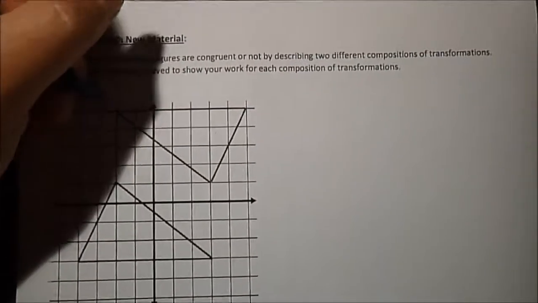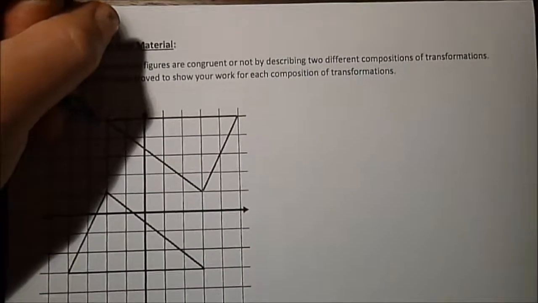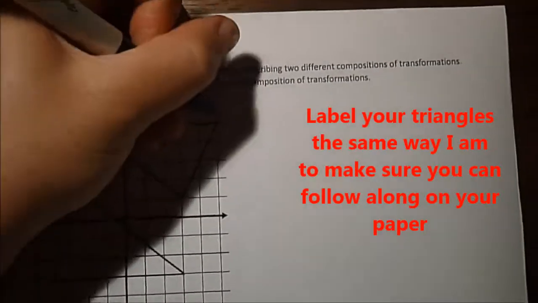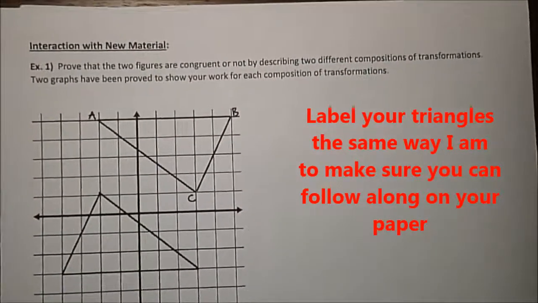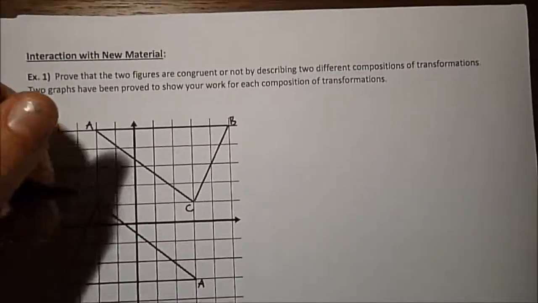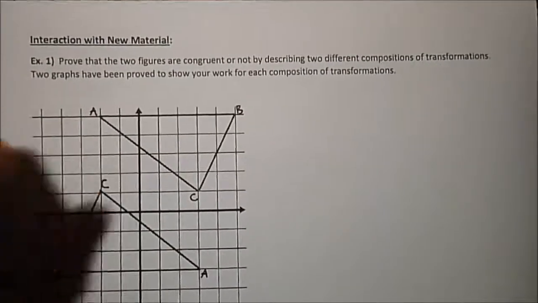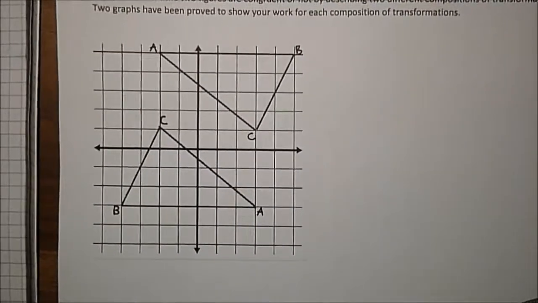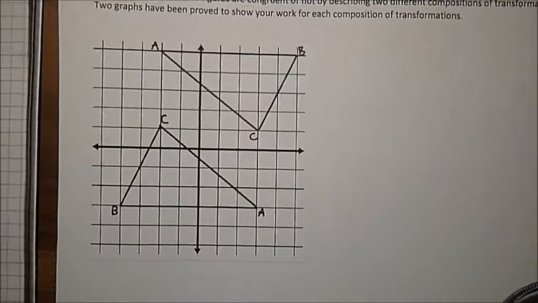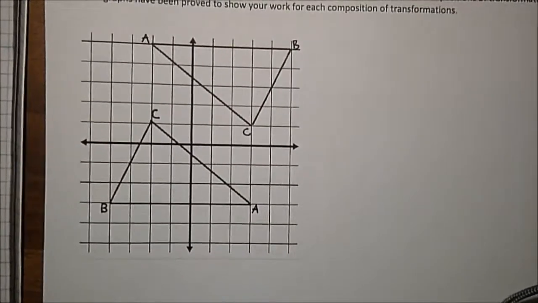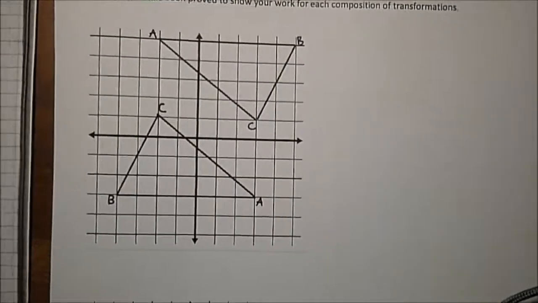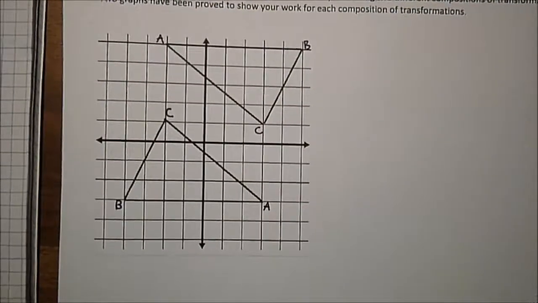Start off by labeling all of your triangles the same way. So let's call these vertices A, B, and C, and we'll call the corresponding points A, B, and C as well. You can fill in the prime notation depending which one you choose to start with as your pre-image and your image. Make sure you add in that notation to help denote which one is which.